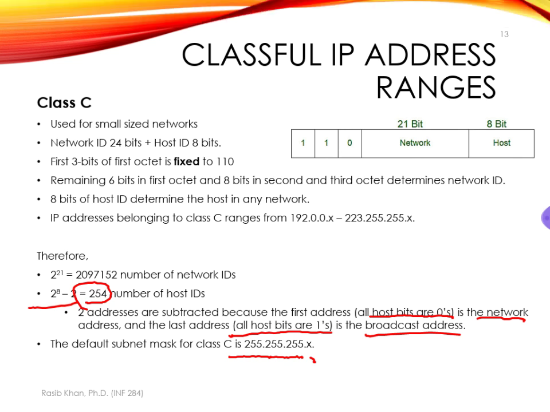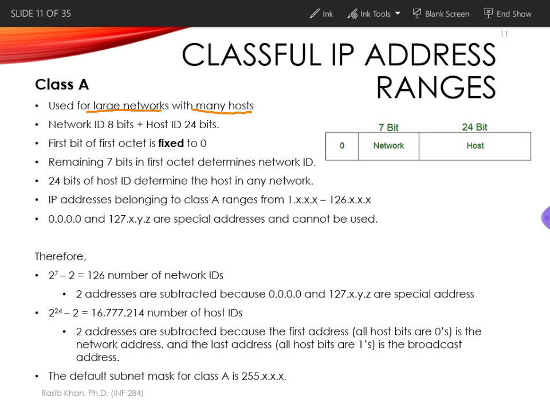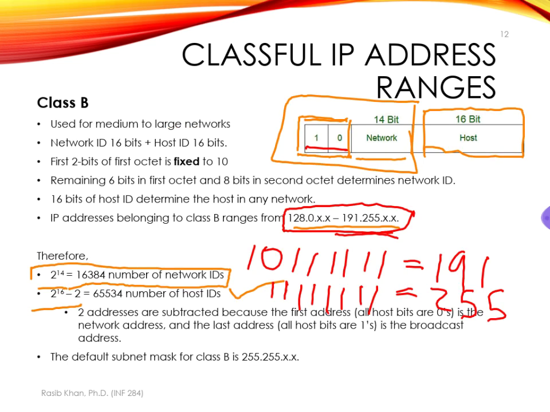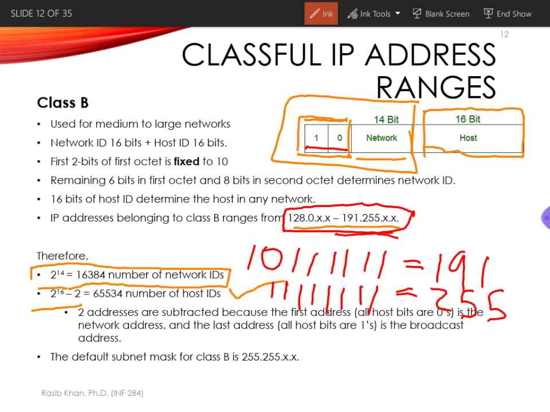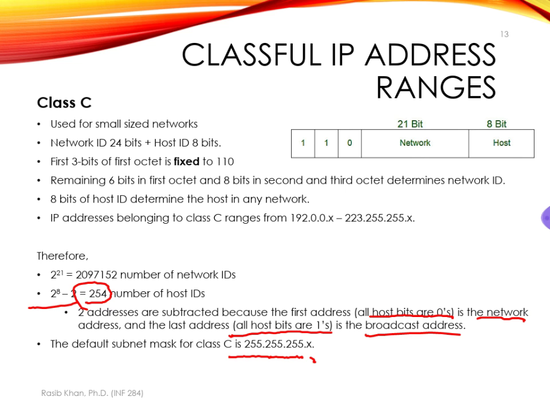And if we just quickly look at classes A and B, so class A starts with 255, that is only the network ID part, the first octet, and the remaining part could be anything. The same goes for class B, where the first two octets are 255 and 255, and the remaining two could be anything. So classes A, B, and C are the common classes of IP addresses that we use for LANs.